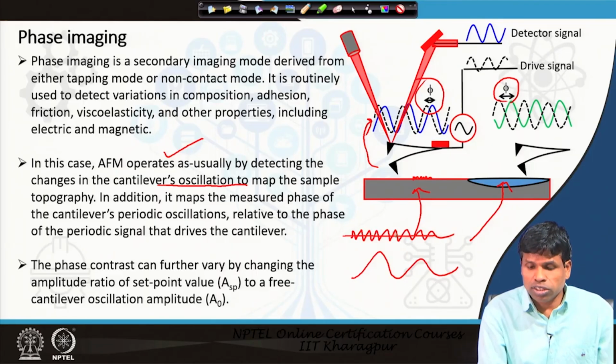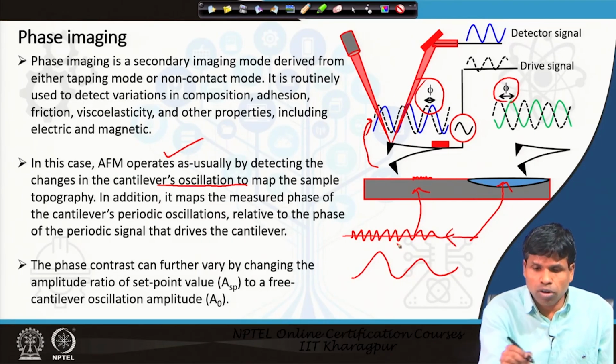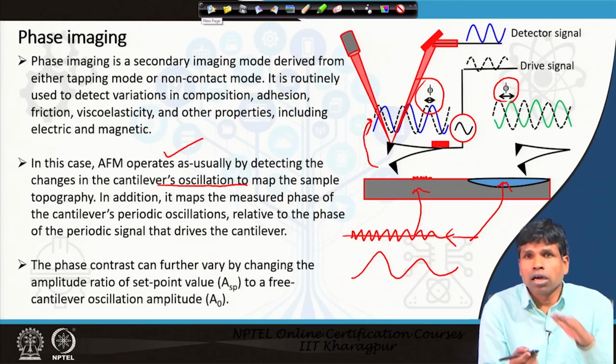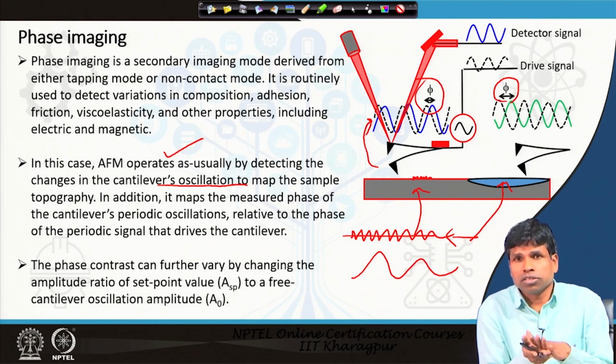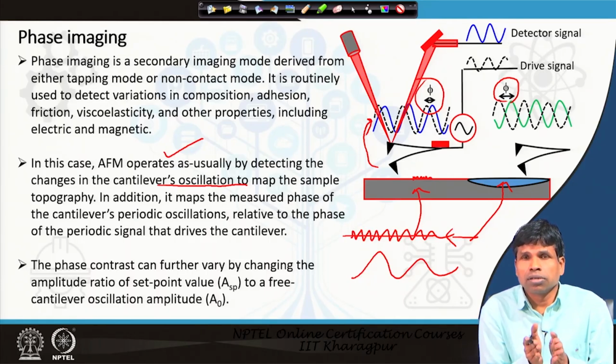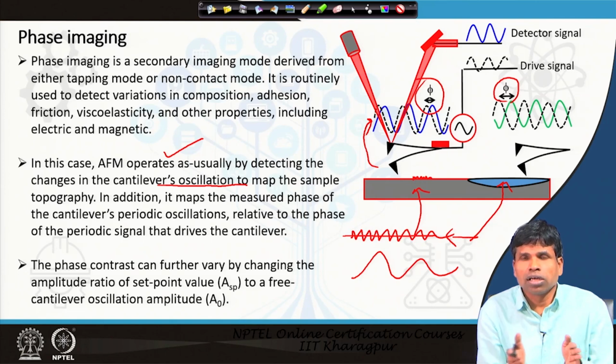But in addition, the amplitude will change when the sample comes close to the tip, then damping of the oscillation occurs and the amplitude reduces, as we discussed in the tapping mode. When the distance between tip and sample is less, there will be a decrease in amplitude, but when the distance between tip and sample is far, the oscillation amplitude will be more.